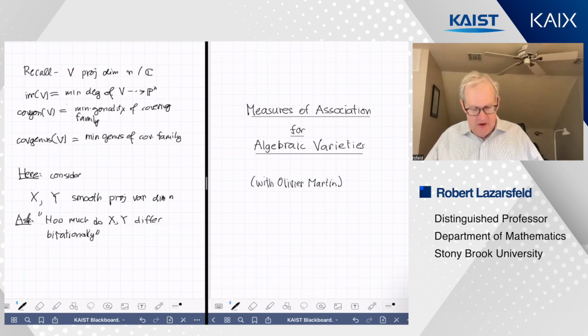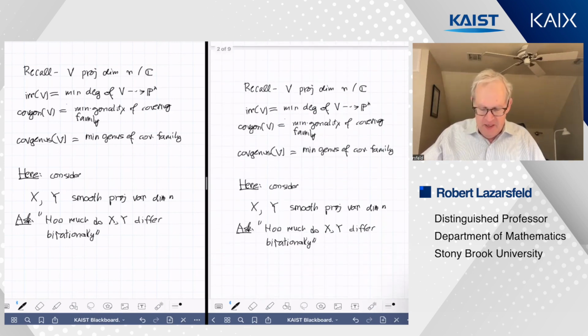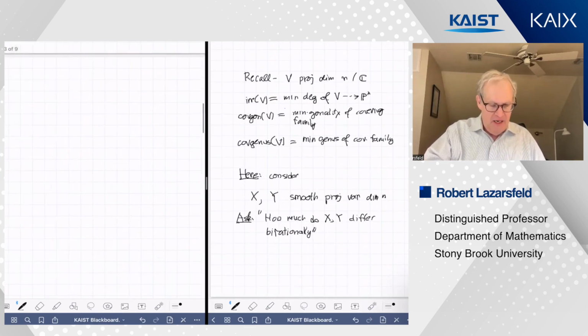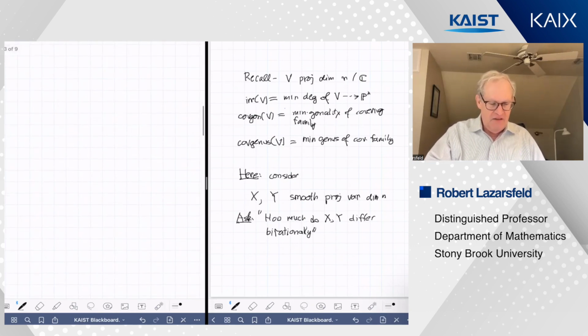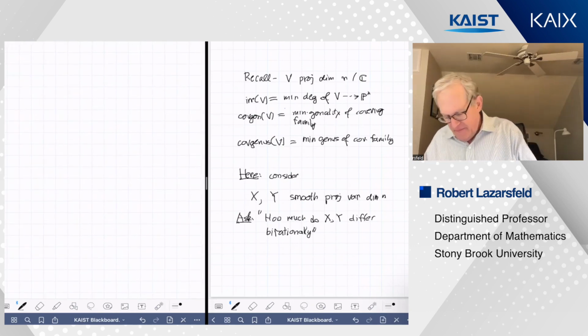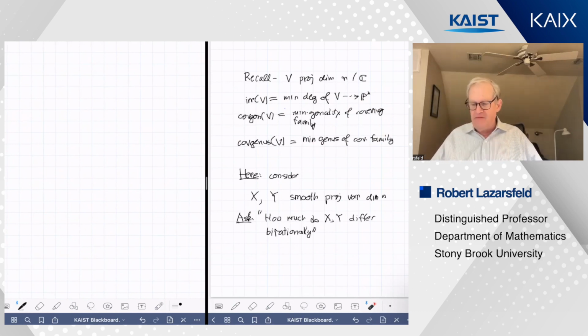Okay, so that's the vague question we want to consider. How are we going to think about this? We're going to study the birational complexity of correspondences between X and Y. Just as in the case of measures of irrationality, there were two kinds of invariants: degrees of maps, and invariants coming from the geometry of covering families of curves.